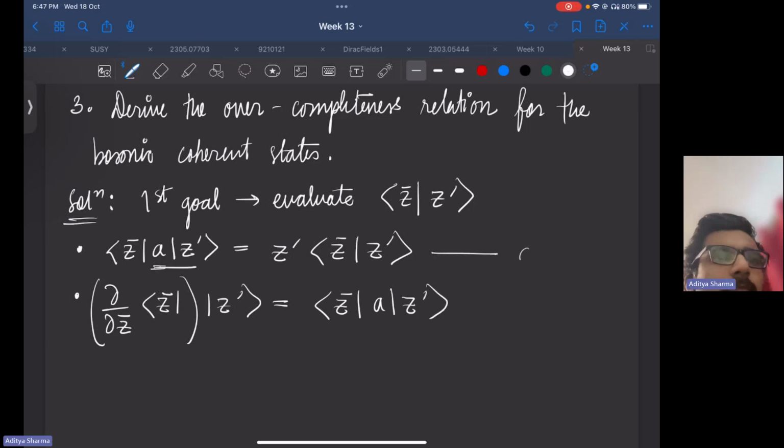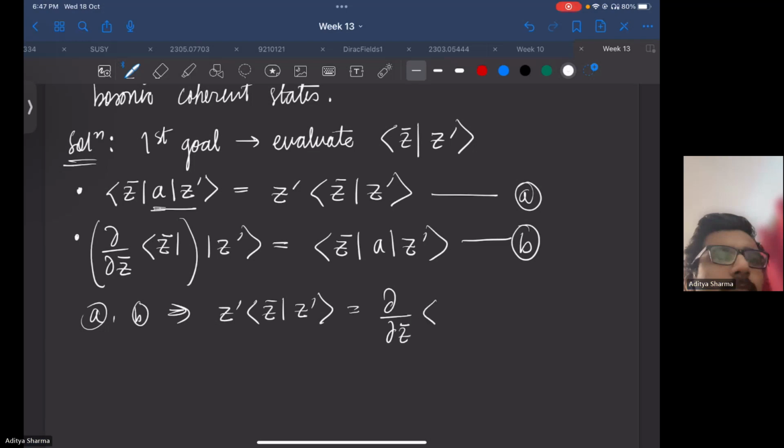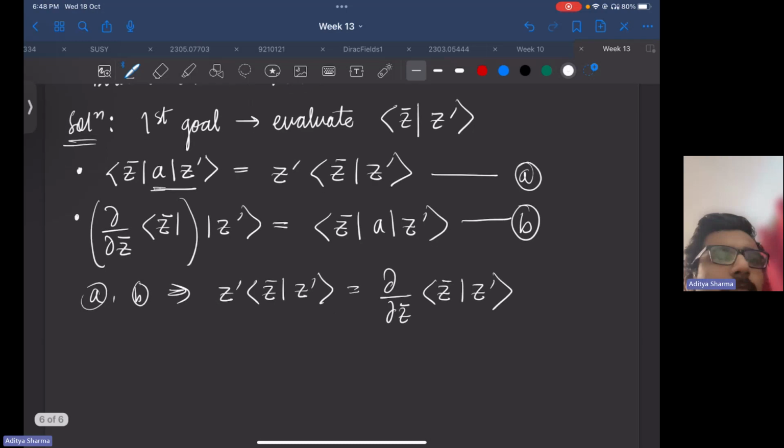So from A and B, since they are the same, A comma B implies Z prime. Since this only operates on this one, I can pick this out and write this thing.